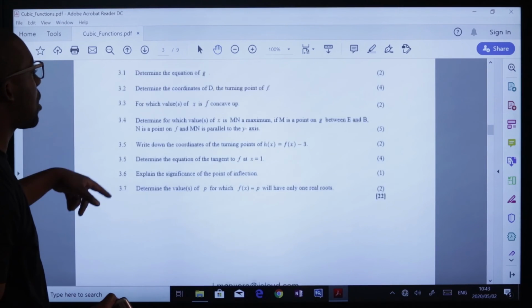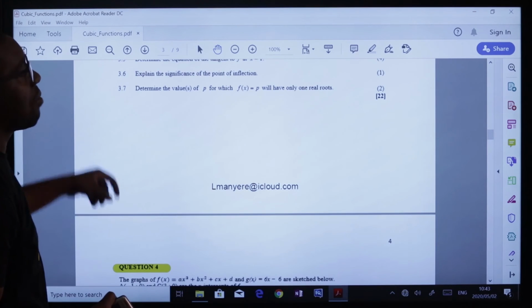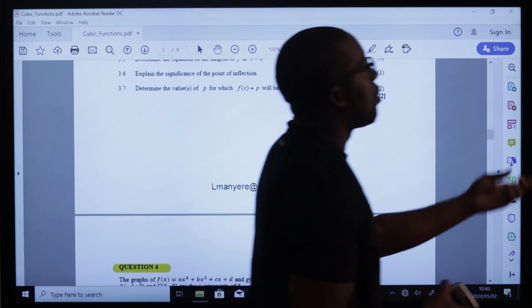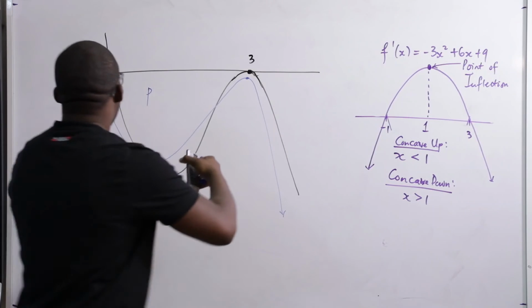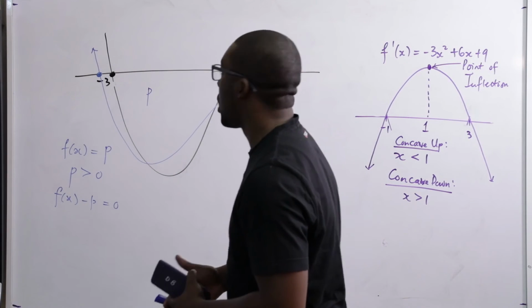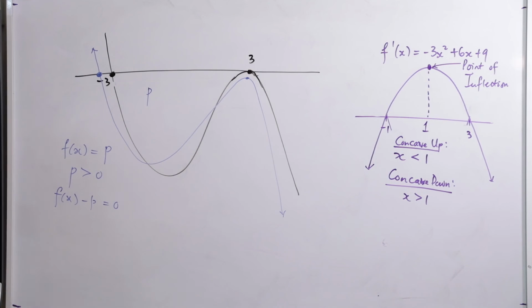That is what this concept is about. In some instances, the concept looks at the range of values between the two turning points. In this instance, it was slightly different.